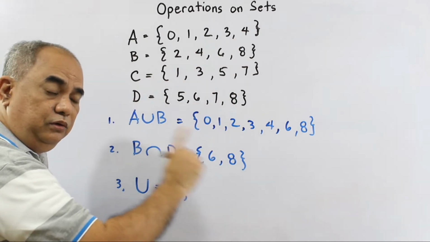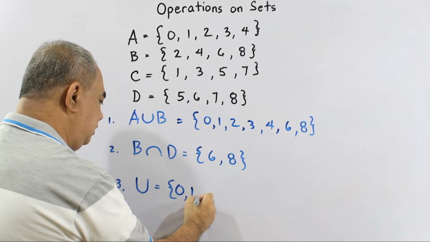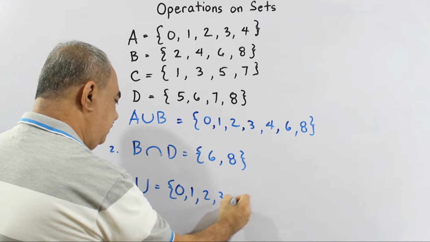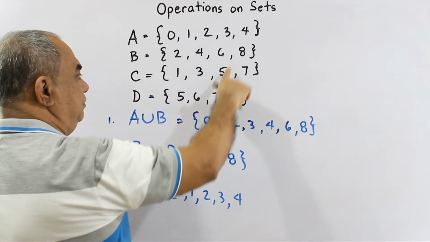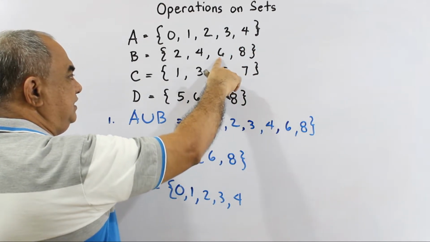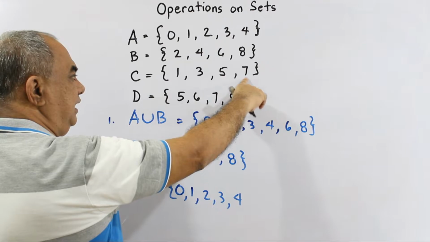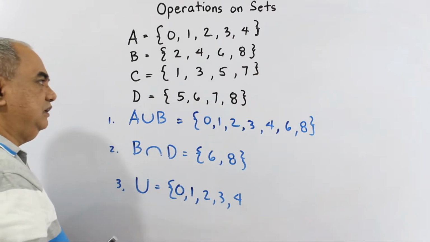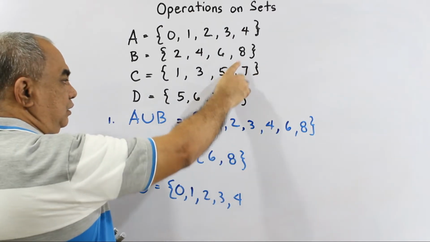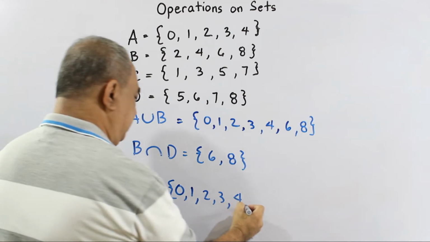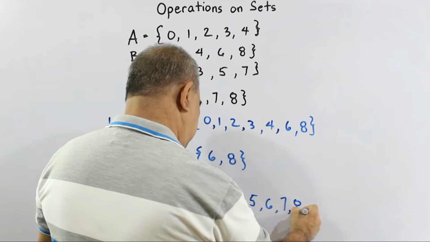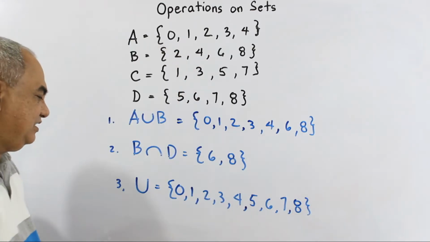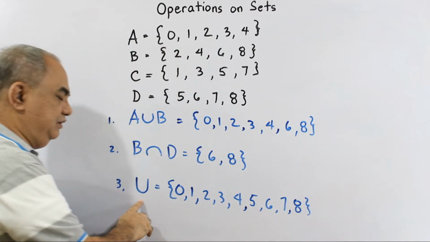We are going to include them all. 1, 2, 3, 4. And then the next number after 4 will be 5, and we have number 6, number 7, and number 8. As you can see, the largest number is 8, so we will end at number 8. These are the elements of our universal set.